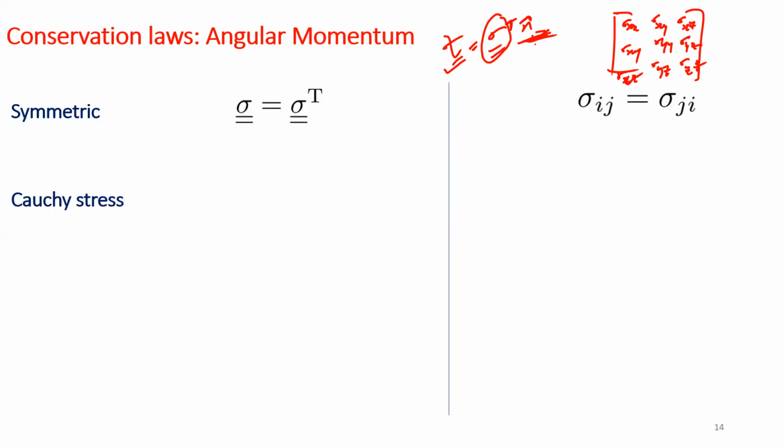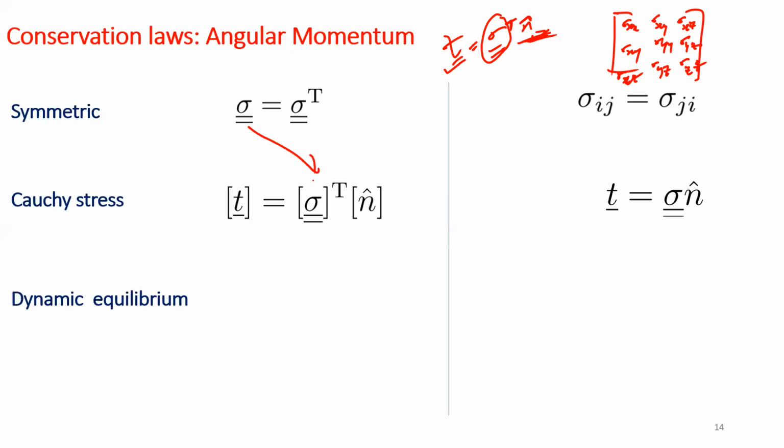So how does the Cauchy stress definition translate? Originally it was sigma transpose, and now that sigma is symmetric, sigma transpose is nothing but sigma. So from now on, we can drop the transpose sign. How does the dynamic equilibrium change? This was the original expression.